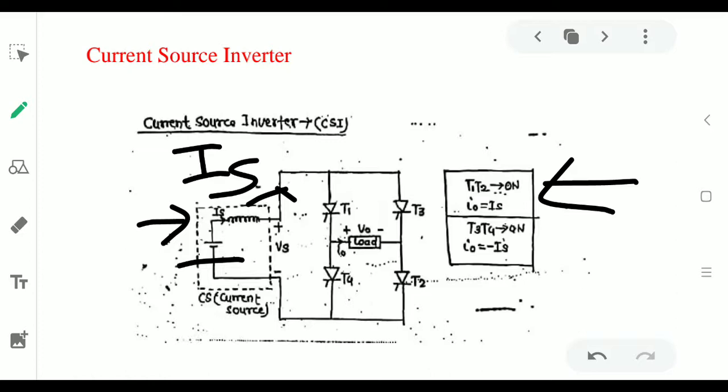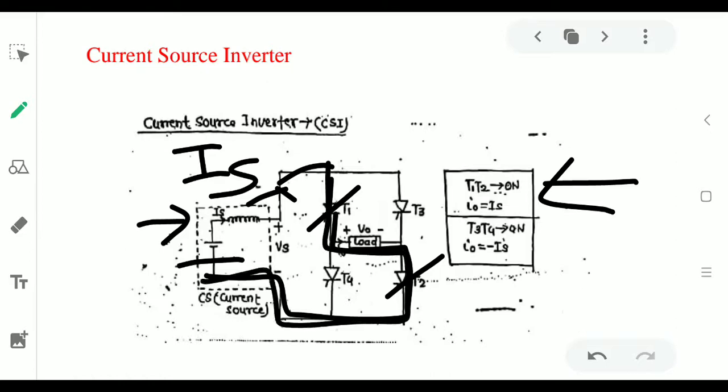So what will happen? This current will go through here and come back here. So the path is completed, and in mode 1 we can see the current follows this path.